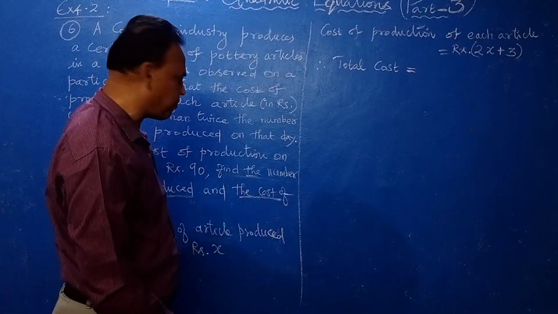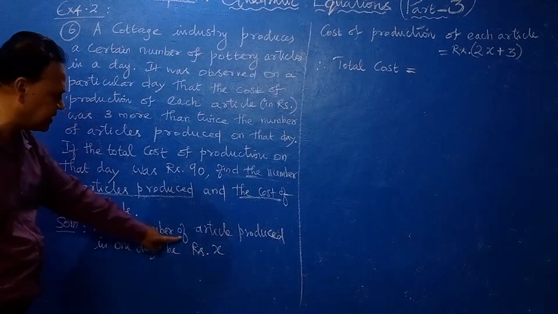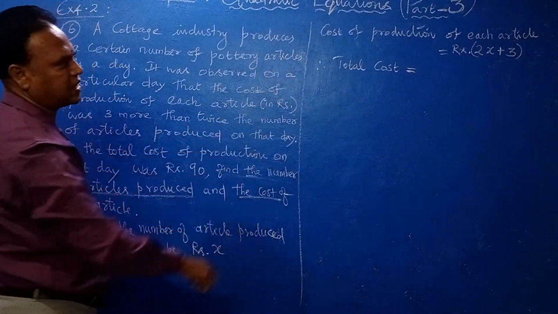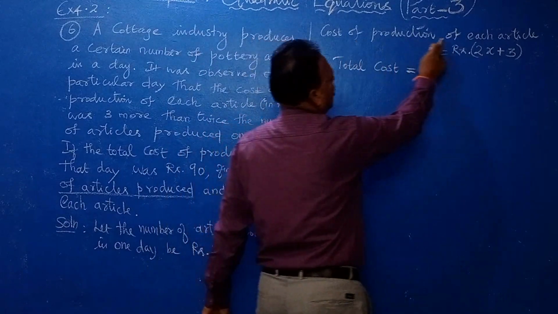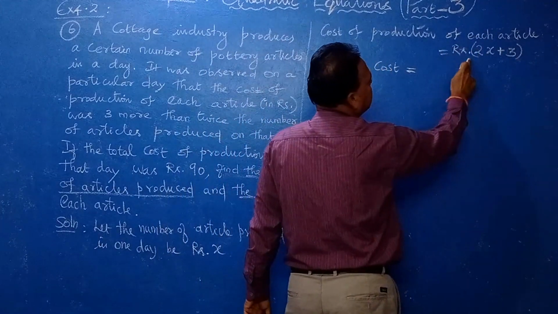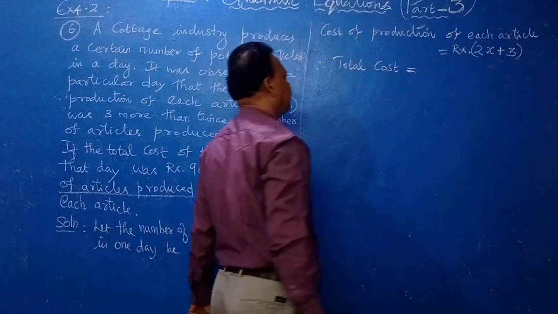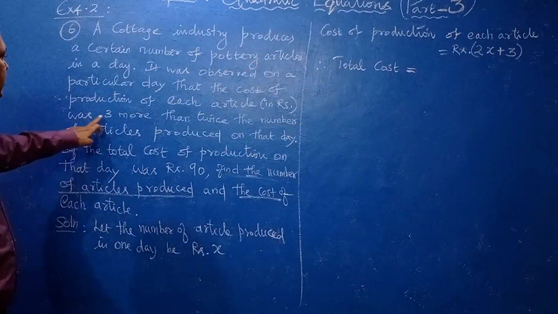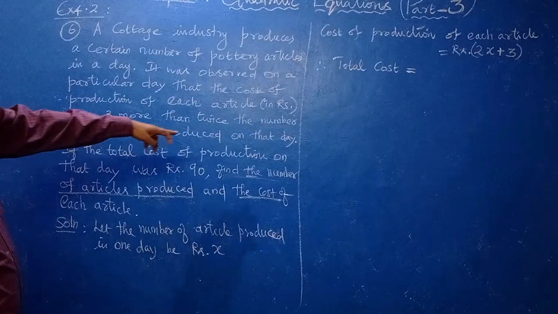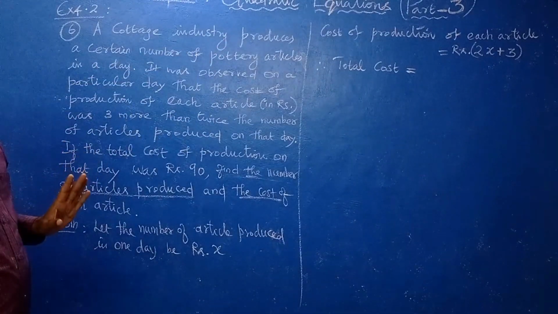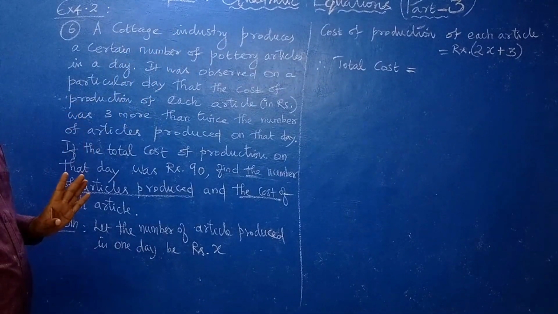Number of articles is x, twice means 2x. So the cost of each article is 2x plus 3 rupees.